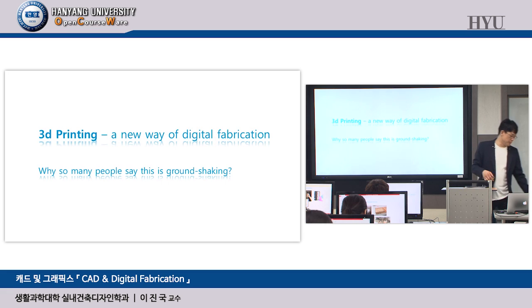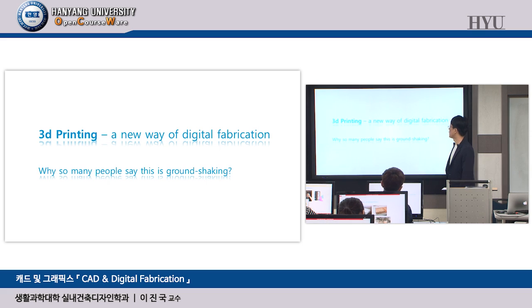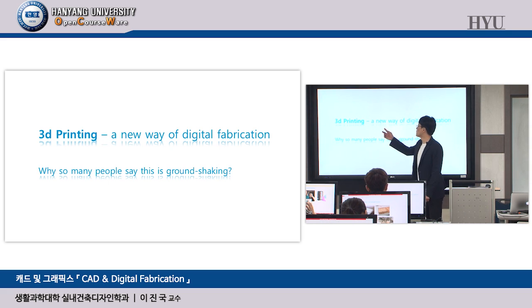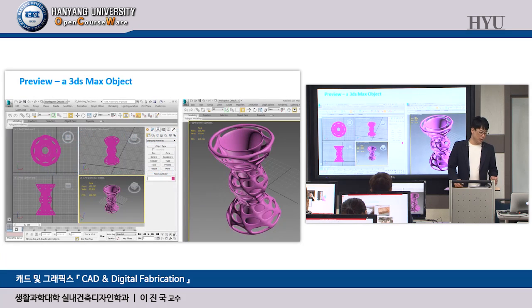Next topic is 3D printing. Why is 3D printing so-called ground-shaking technology? Why do people say this is ground-shaking, okay? Because it's a new way of digital fabrication. So let's take a look at this example.